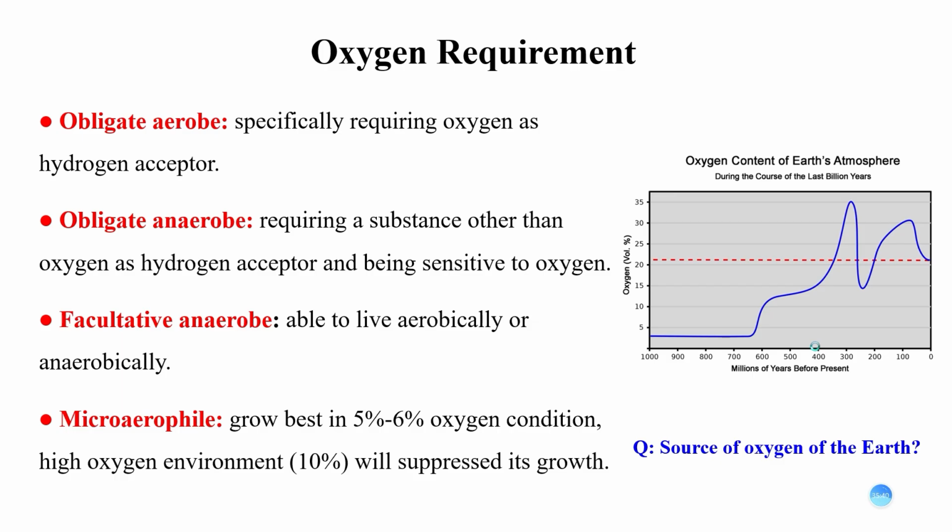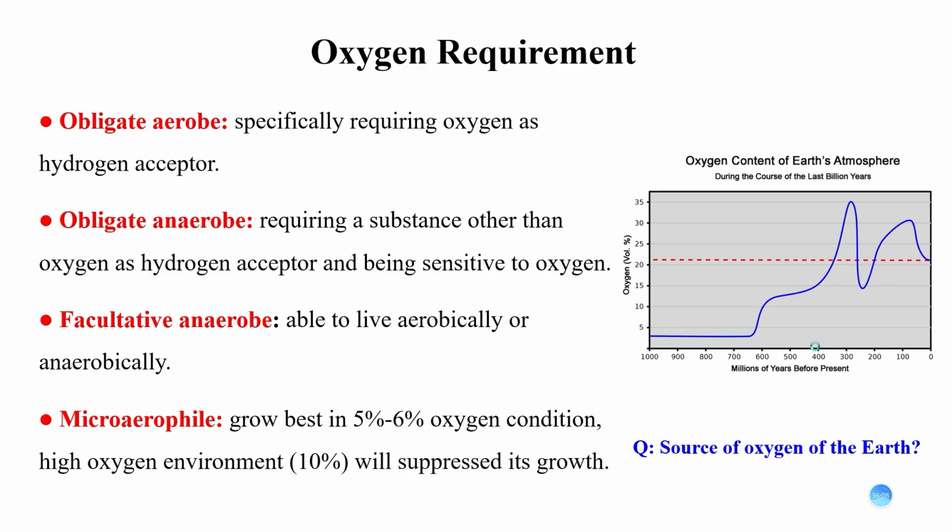But there are also some bacteria that are obligate anaerobes. Here, "an" means no, right? So they don't like oxygen at all. They require other substances other than oxygen as a final electron acceptor, and they are sensitive to the presence of oxygen.